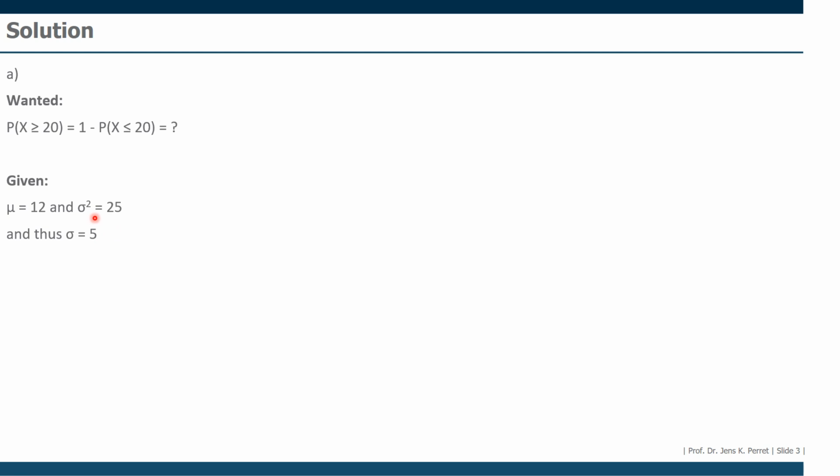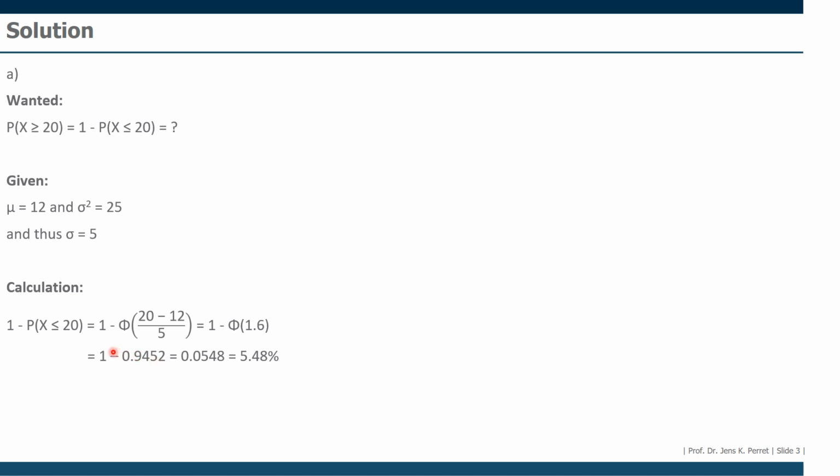Then we have all the information we need to standardize the 20. Standardization means we subtract the mean and divide by the standard deviation, giving us 1.6 inside this big phi, meaning the 1.6 we have to look up in our table for the standard normal distribution.